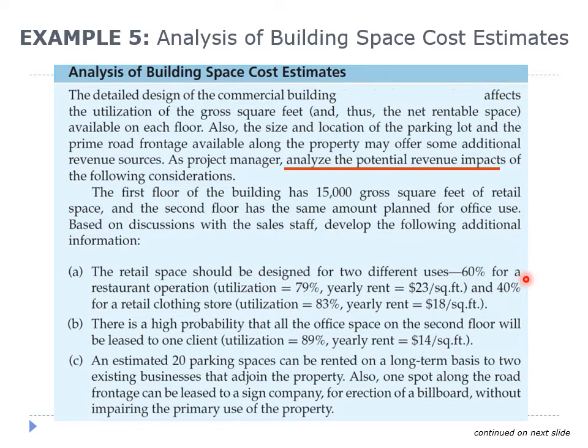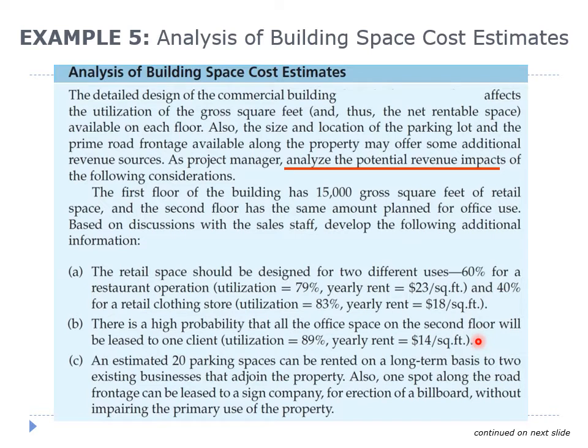A. The detailed space should be designed for 2 different uses: 60% for restaurant operations with utilization of 79% and yearly rent of $23 per square foot, and 40% for a retail clothing store with utilization of 83% and yearly rent of $18 per square foot.